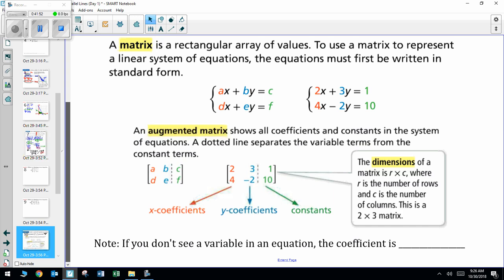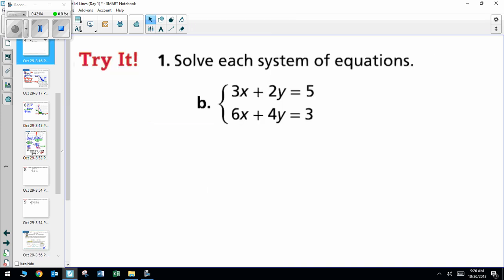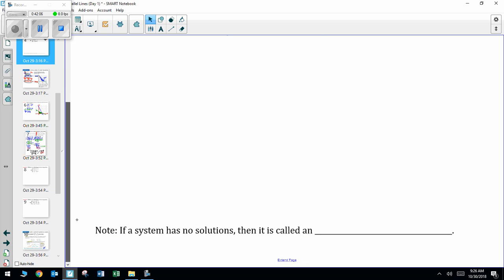And if you don't see a variable in the equation, the coefficient is 0. Okay, so you want to take that note down. Oh, and one other note that I forgot to touch on up here. No solution. Yeah, if a system has no solutions, then it is called an inconsistent system.